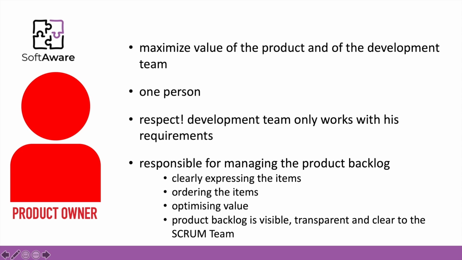Everyone sees the product backlog, it is transparent. There are no hidden agendas inside of the product backlog and it is clear to the Scrum team. So everyone should look at the items in the product backlog and should know what they mean and what needs to be done in order to deliver them as features and working requirements for the client.